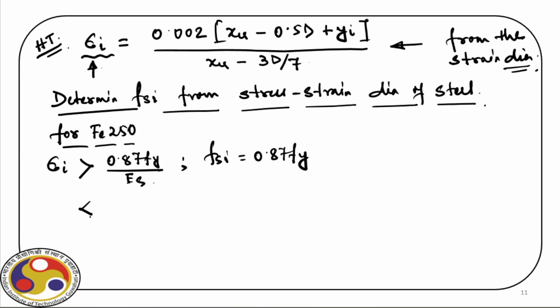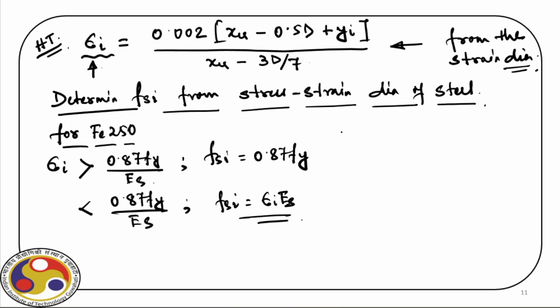If it is less than this value, 0.87 fy by Es, then we find fsi as the product of strain and Young's modulus.